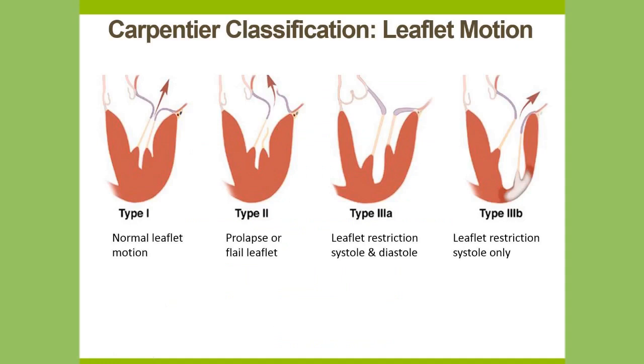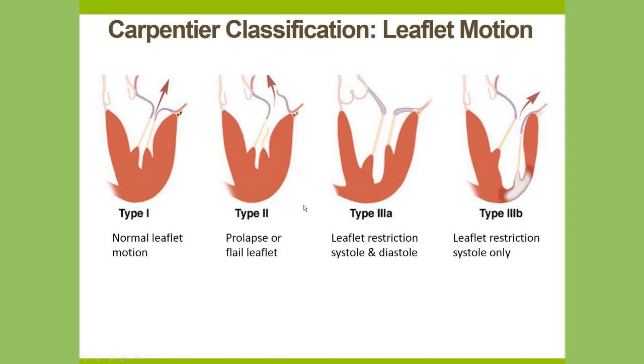This is the Carpentier classification. And in case you're wondering about the name, Carpentier is a very famous French cardiothoracic surgeon. He's been in Paris, France, and he introduced the concept of mitral valve repair and has really taught many people around the world how to do that.